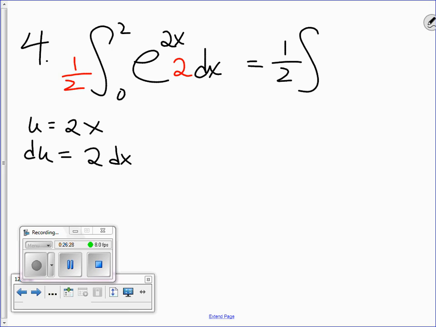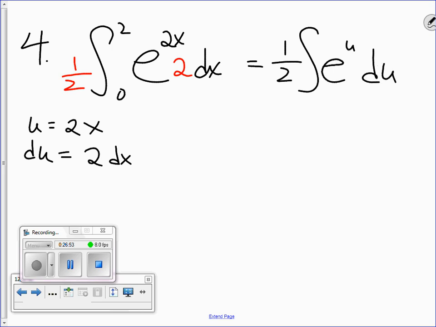Yeah, sure. First of all, tell me the integrand. What are we integrating in terms of u and du? I want to rewrite it in terms of u and du. Yep.